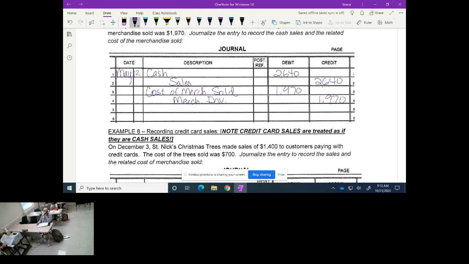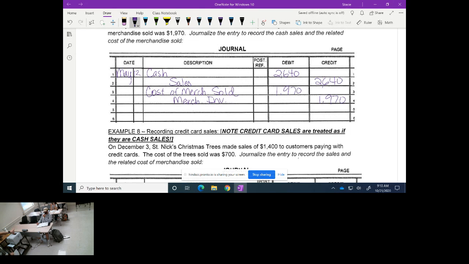There's multiple companies, and they provide the service of taking that credit card information, getting the money from that customer's bank and putting it in your account. So you as a merchant contract with a company to do that for you. Then at the end of the month, they'll charge you a fee, and it's usually a percentage of the sales. So that's how that works.